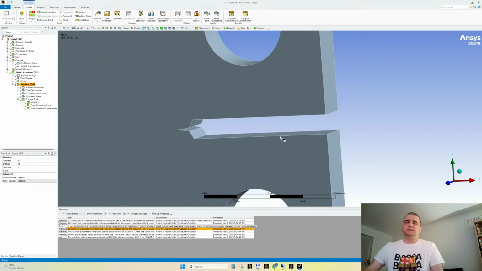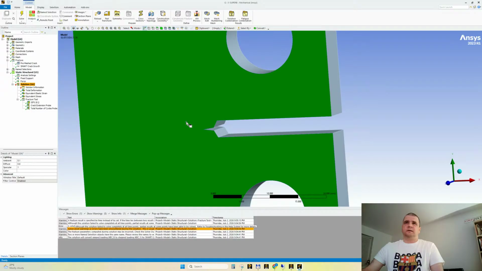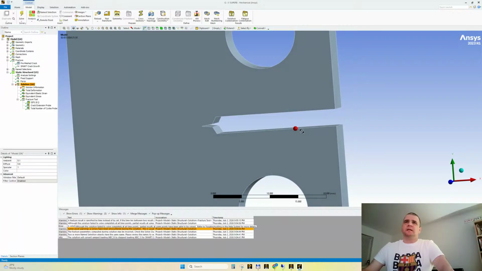I would say that this implementation of fracture mechanics, I don't know how to say it to remain diplomatic, I would say it's a little bit neglected.